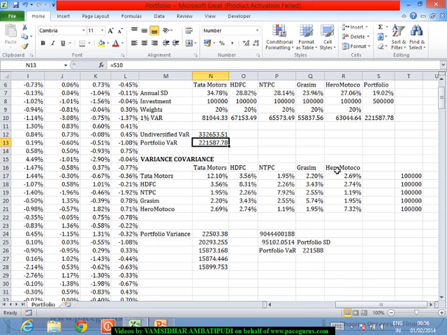So this is the overall portfolio variance, which means this is the undiversified VAR.